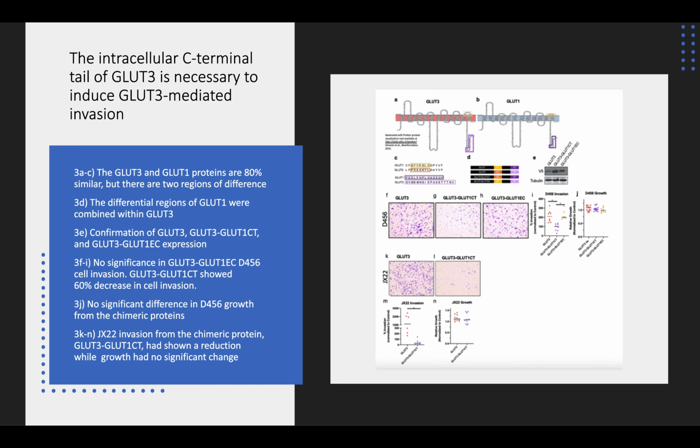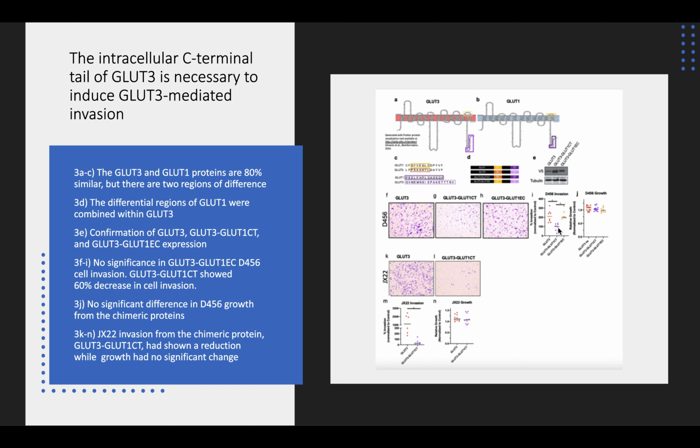And now in 3I, as it relates to D456 invasion, the y-axis represents percent invasion normalized to control, and the x-axis represents GLUT3, GLUT3-GLUT1CT, and GLUT3-GLUT1EC.